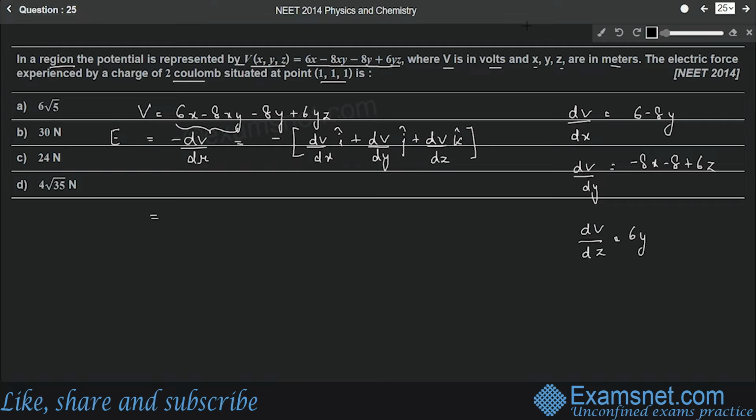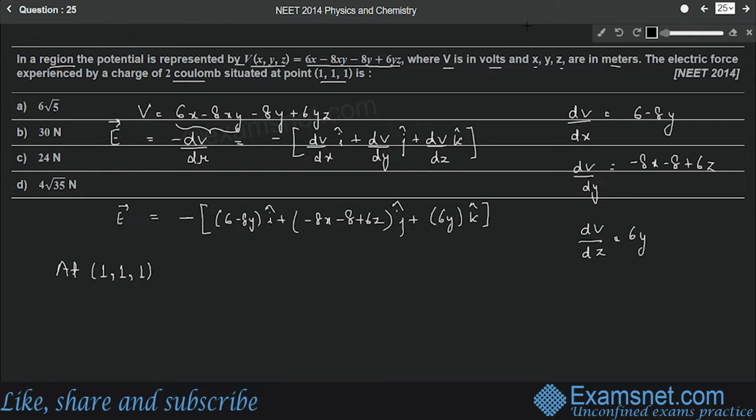The electric field, here we are finding out the vector electric field, vector E. So that will be equal to minus [(6 minus 8y) i cap, plus (minus 8x minus 8 plus 6z) j cap, plus 6y k cap]. Okay, now we have to find the electric force at the point (1,1,1).